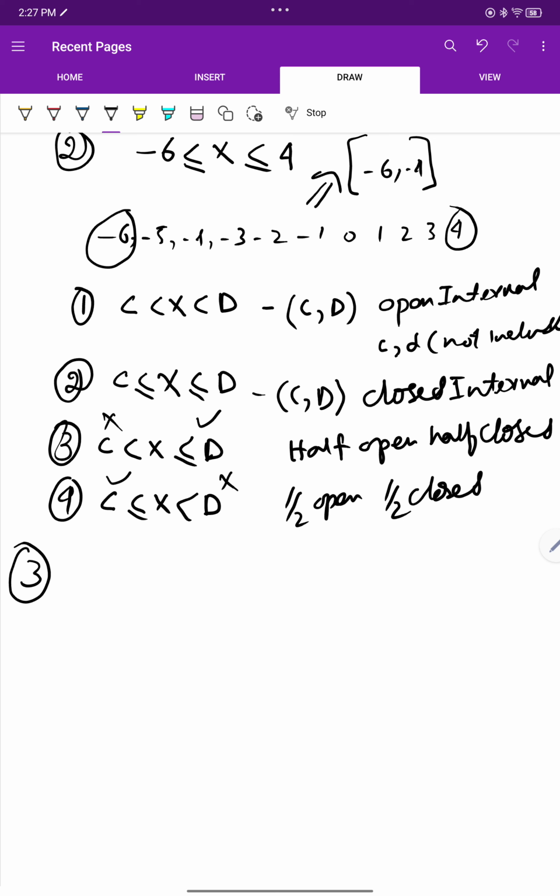derivatives. So there are two conditions in derivative which you can come across. We're gonna do this by the application of limits.